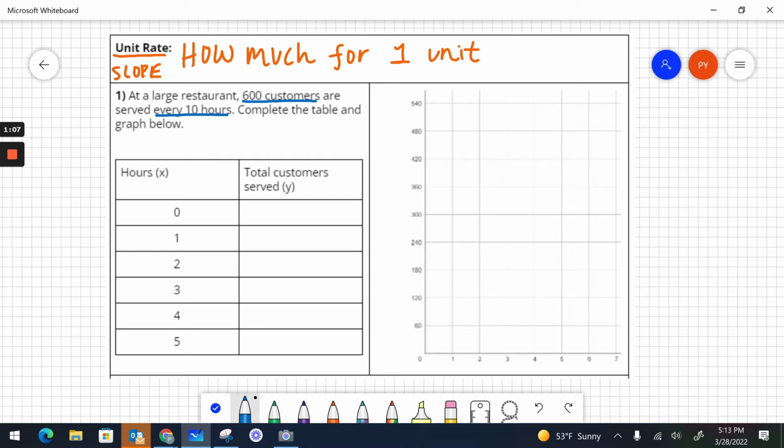We can use division to figure that out. So if we have 600 customers every 10 hours, I'm going to divide the number of customers by the number of hours. 600 divided by 10 equals 60.